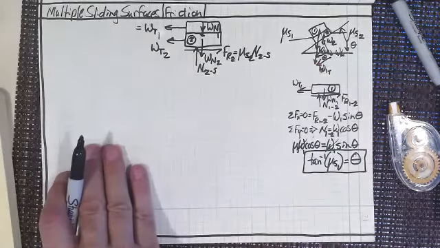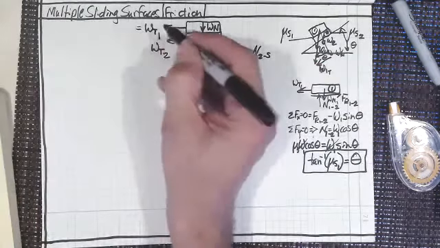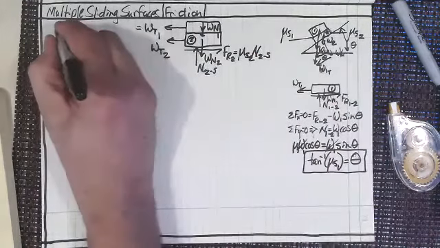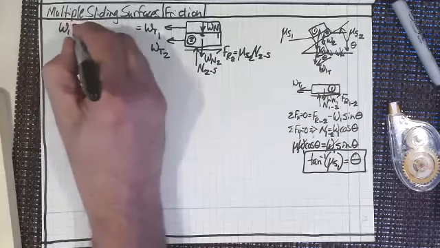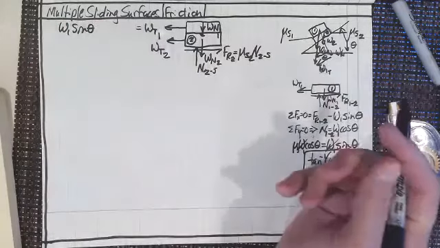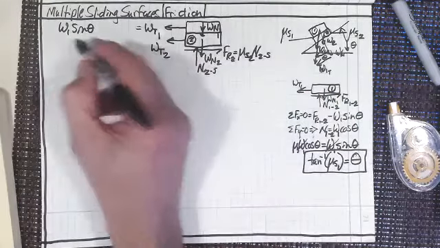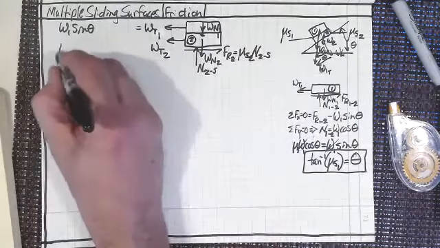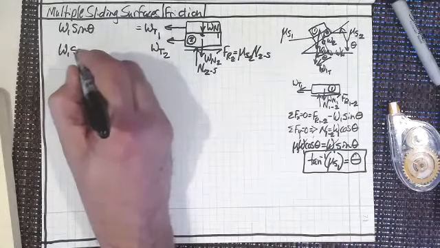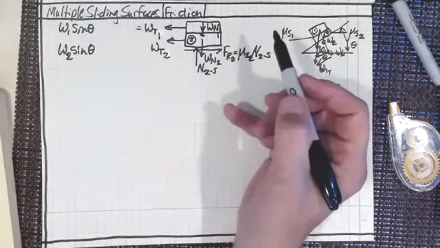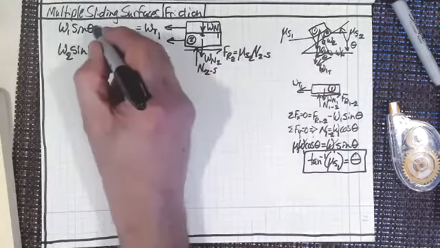All right. We know what WT1 is. WT1 is just going to be the sine. So that's just going to be W1 times the sine of theta. Probably could have put that one closer. And then WT2 is W2 times the sine of theta. So why don't I just write those?